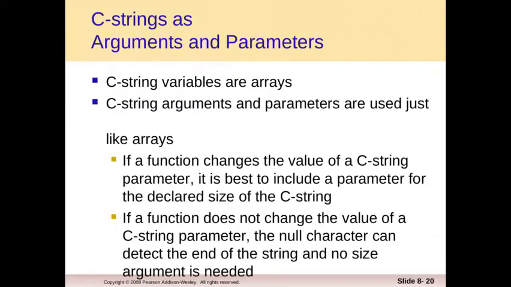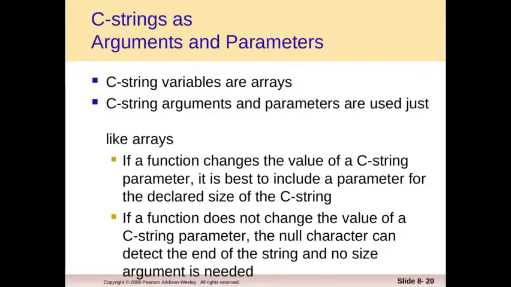Okay, now for some good news. After all this bad news, now some good news. The good news is that C strings are arrays. Arrays on which we impose a certain convention, namely that within the declared size there must be this \0. But because they are arrays, we already know how to pass them to functions.